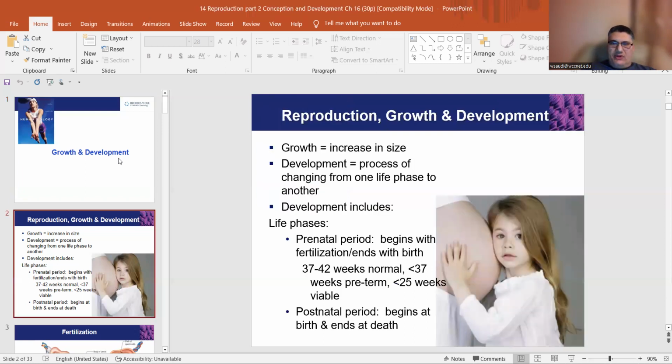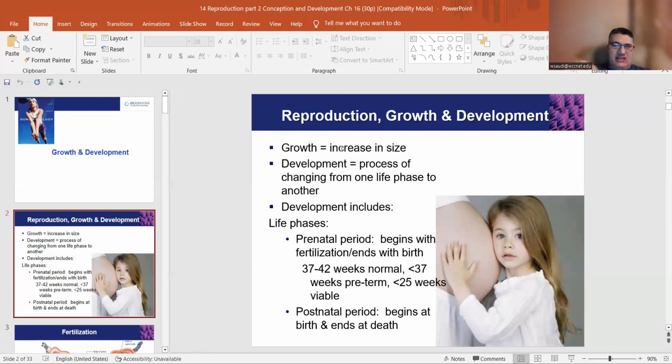The first thing that we need to know is, generally speaking, when a sperm fertilizes an egg. Remember, we talked about twins before, so you do need to know that from a previous chapter. Fraternal versus identical twins. Is it one egg that's going to divide into two and produce two identical twins?